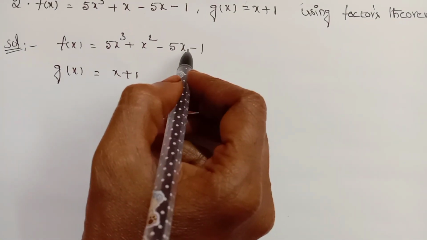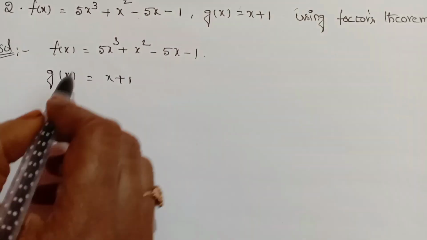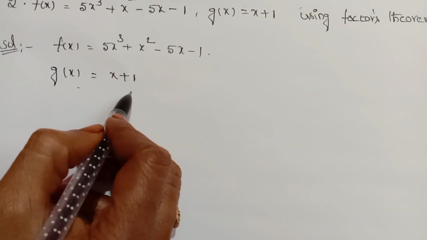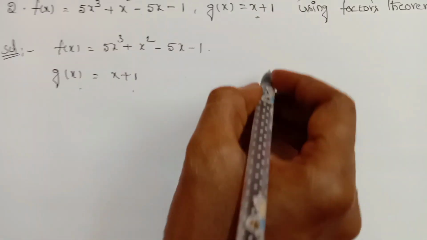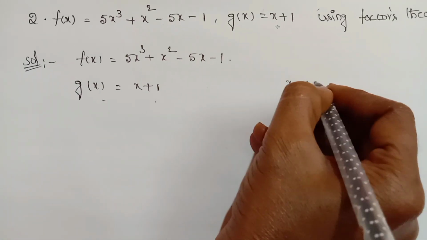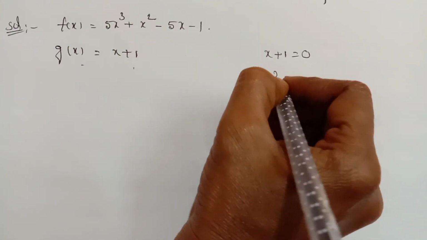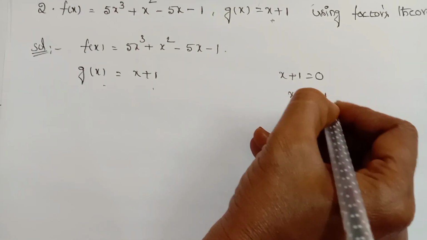Here f of x is the dividend and g of x is the divisor. Equating x plus 1 to 0, x is equal to minus 1.